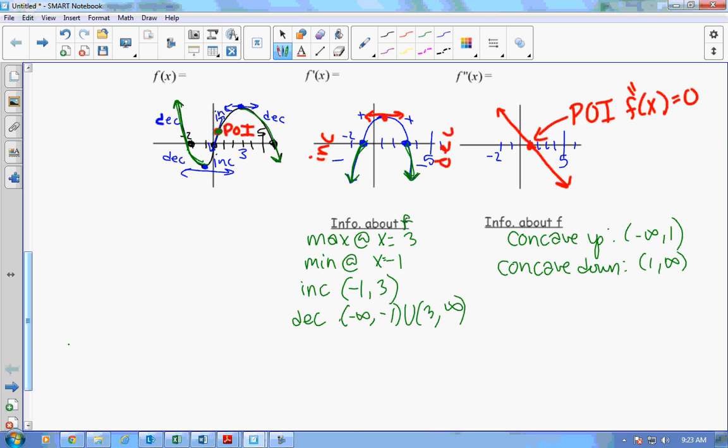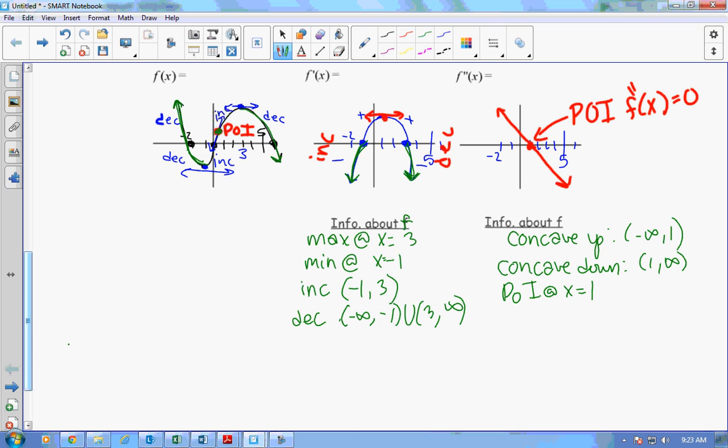Normally you'll have the polynomial, so you can actually just take the second derivative and it tells you the exact value. This was a little bit of eyeballing. Okay. And then that point of inflection happened at x equals 1. Okay. So the next example actually gives us a polynomial.